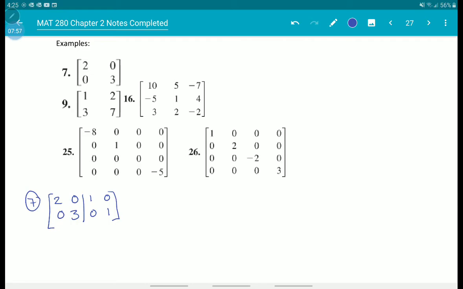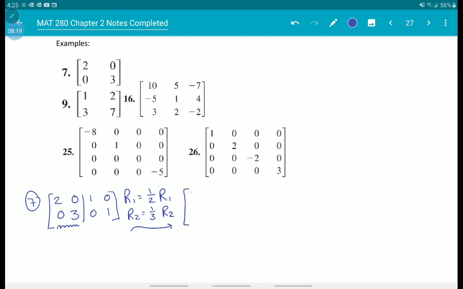And then what we want to do is row reductions to turn this left-hand side into the identity matrix. So our first step is going to be to take row 1 and replace it with 1/2 row 1. And then we're going to take row 2 and replace it with 1/3 row 2. This one's going to be a super simple one.